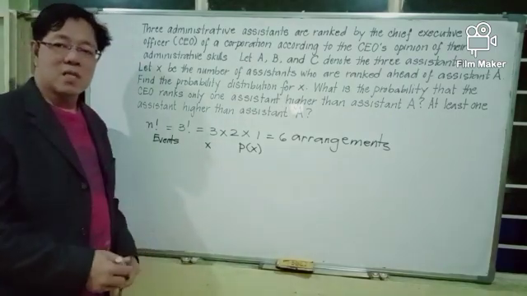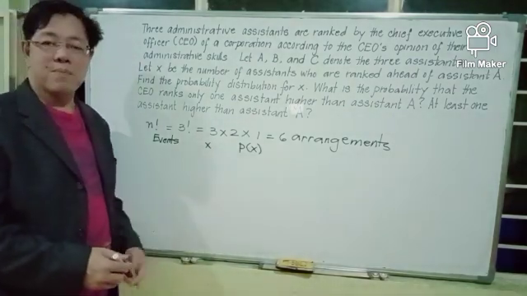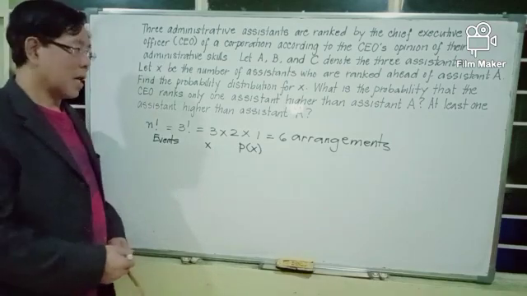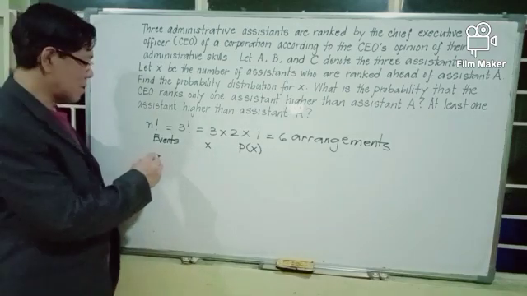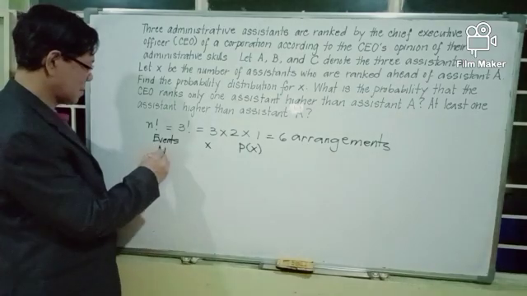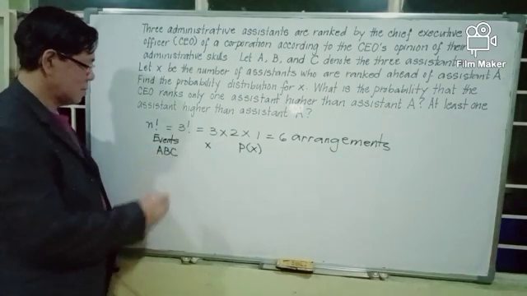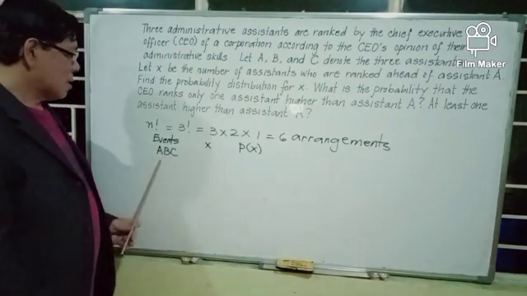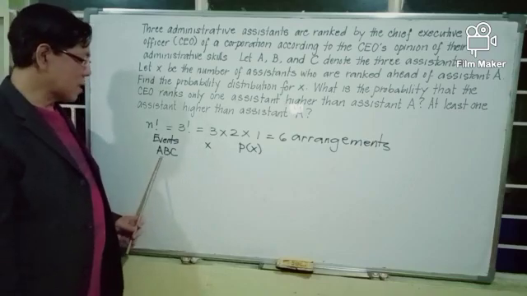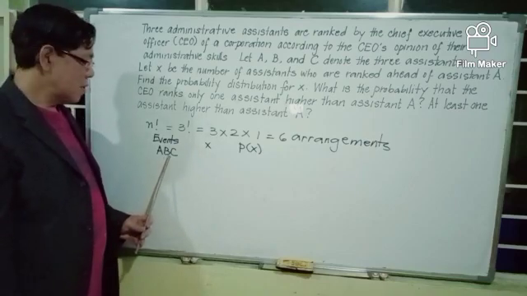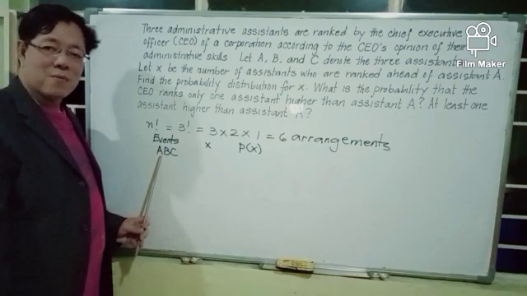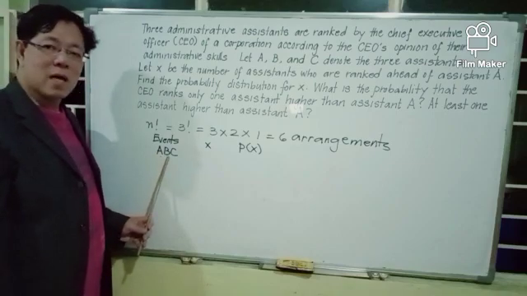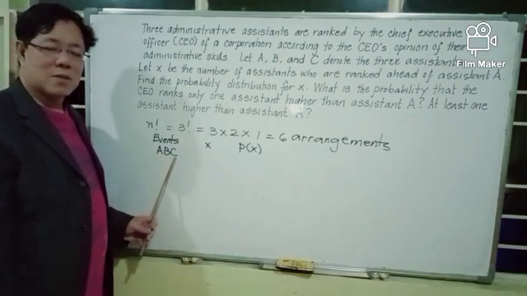One possible arrangement of the 6 arrangements is ABC. In this arrangement, A comes ahead of B, which means that A is ranked first, B is ranked second, and C is ranked third.